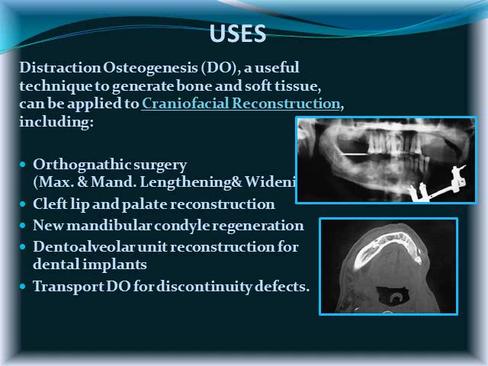So we can use distraction in the form of bone transport segment, in which we can use the same bone of the same patient in the same area without getting it from another donor site.